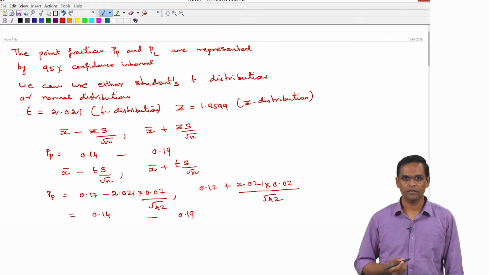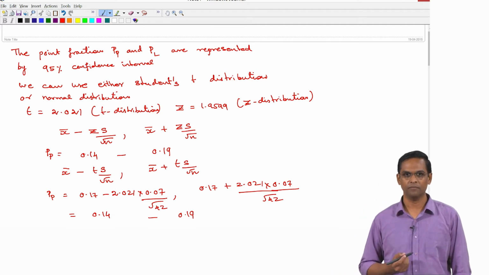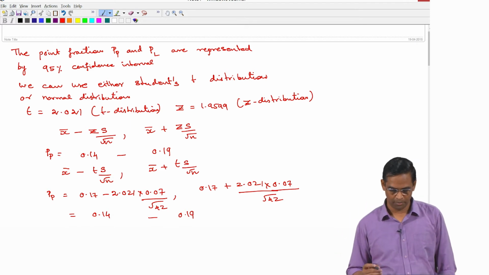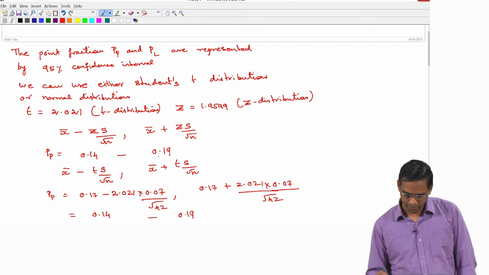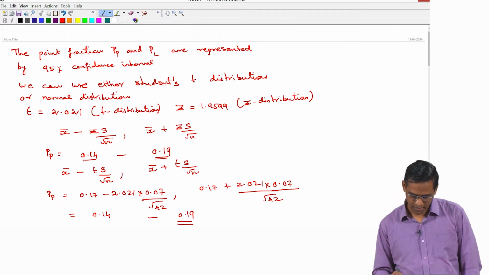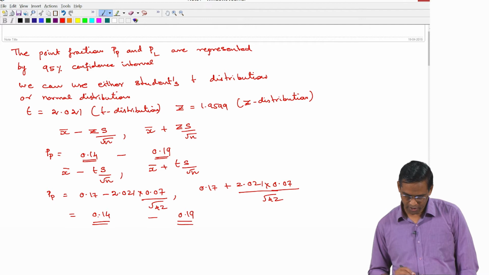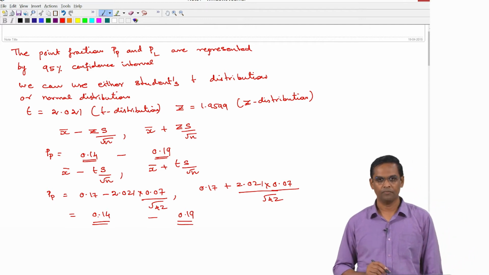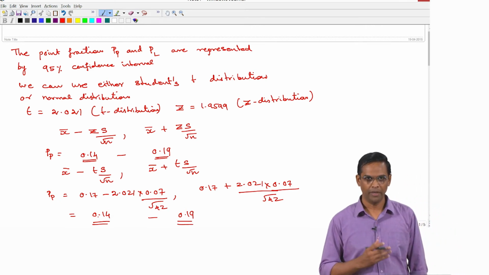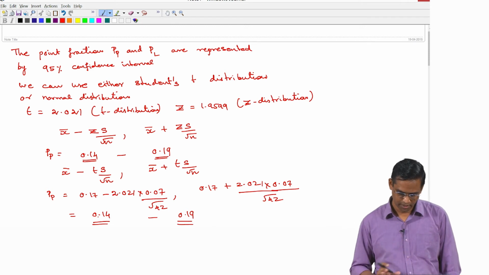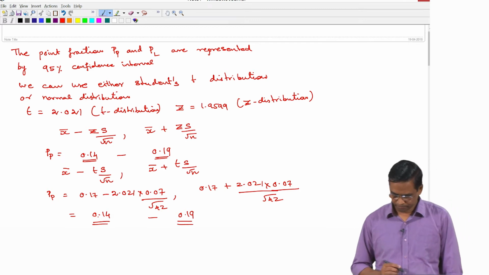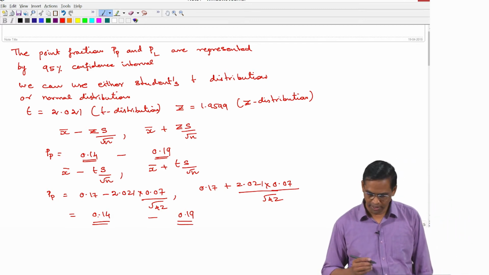But in general the student T distribution is preferred where n is small. Both values are the same, whether you use the Z distribution or T distribution; the 95% confidence interval for arriving at PP is within 0.14 to 0.19.